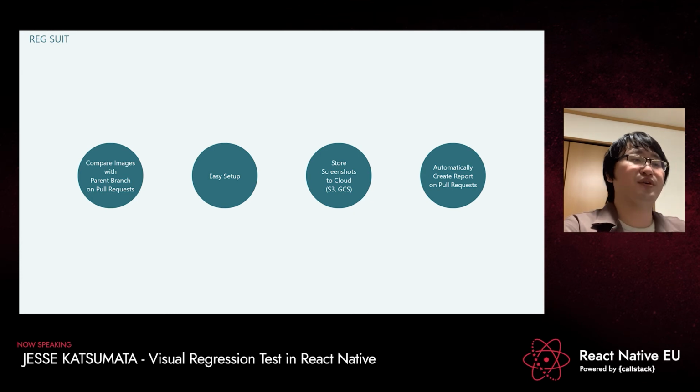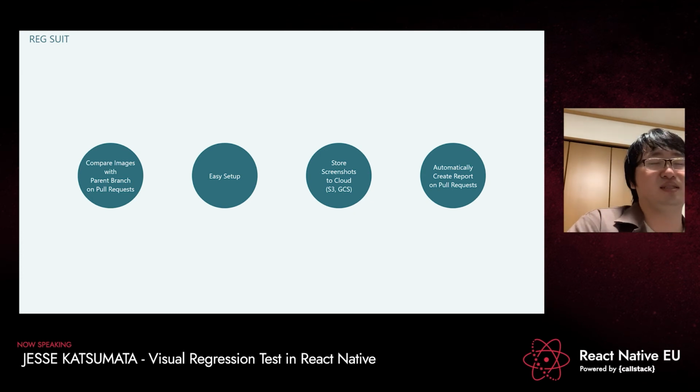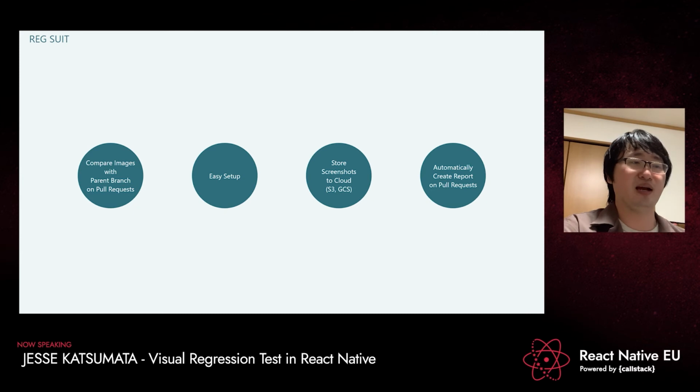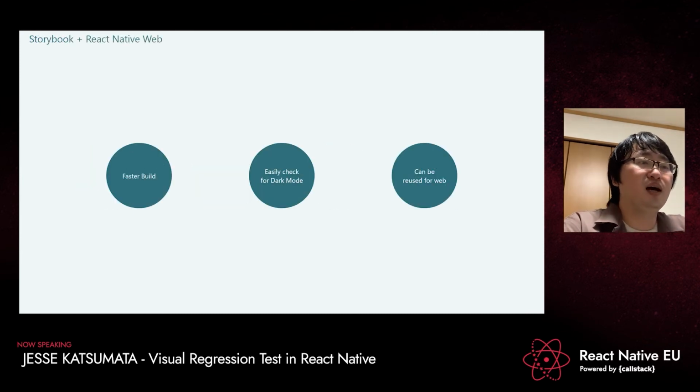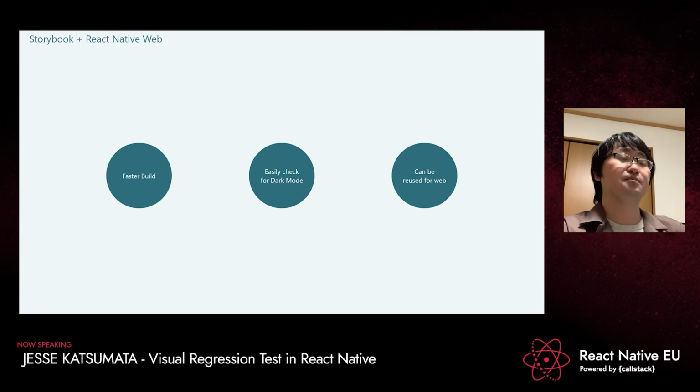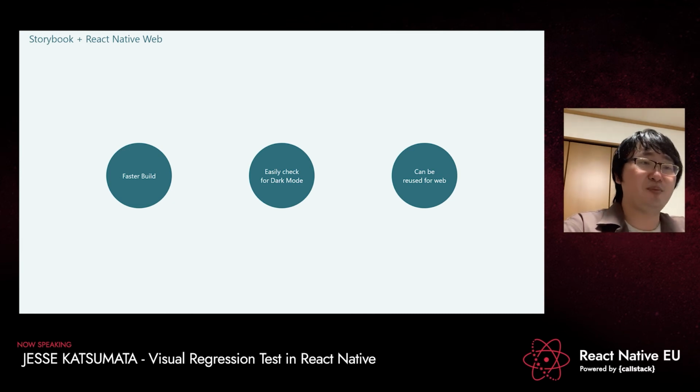And in order for RegSuit to work, you need to get the screenshots of your application. For me, I use Storybook to list all my pages and components for my React Native applications. Storybook is a framework that provides a playground to list all your UI components, and it can be run separately from your main application, so you won't have to wait for your native app to be built.